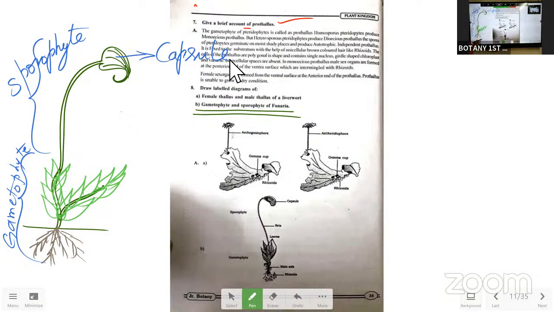And the bottom part is called the gametophyte, where the male gametes and the female gametes are going to be produced. So this part is the gametophyte, this part is the sporophyte. Now, this is the capsule and the stalk of the capsule is called the seta. And this is the male branch.